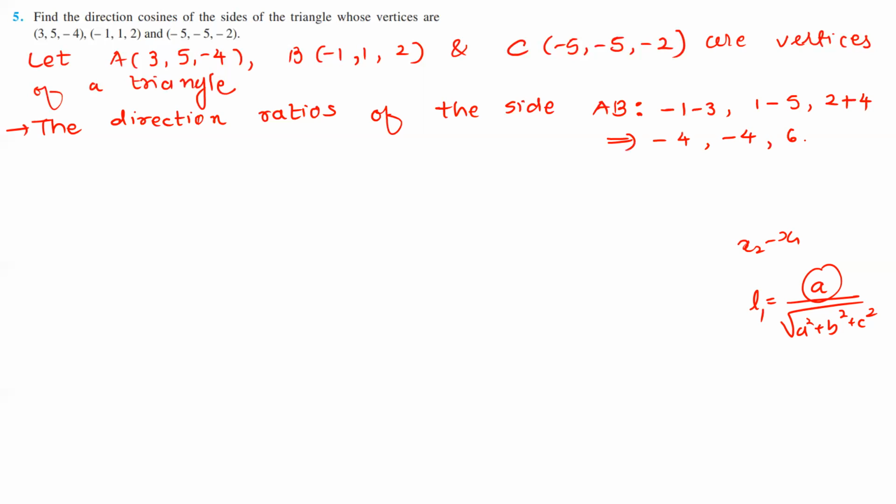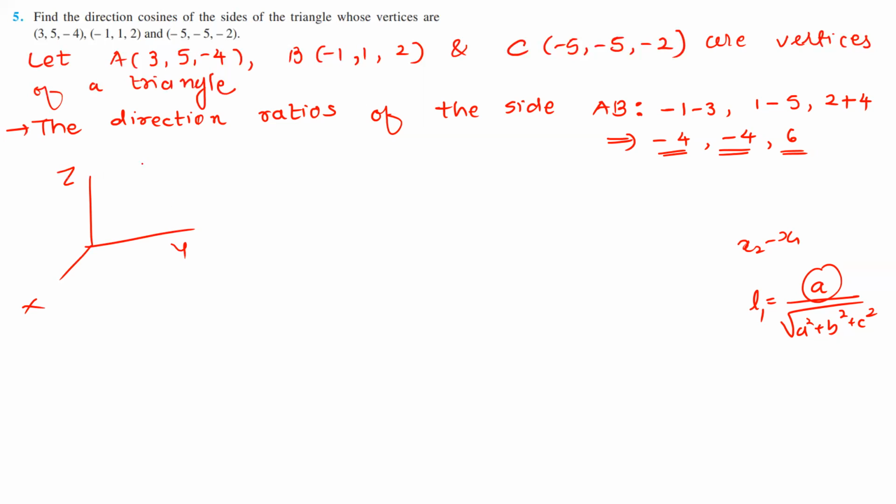These are our A, B, and C. Let's find L1, M1, N1, which are the direction cosines of line AB.